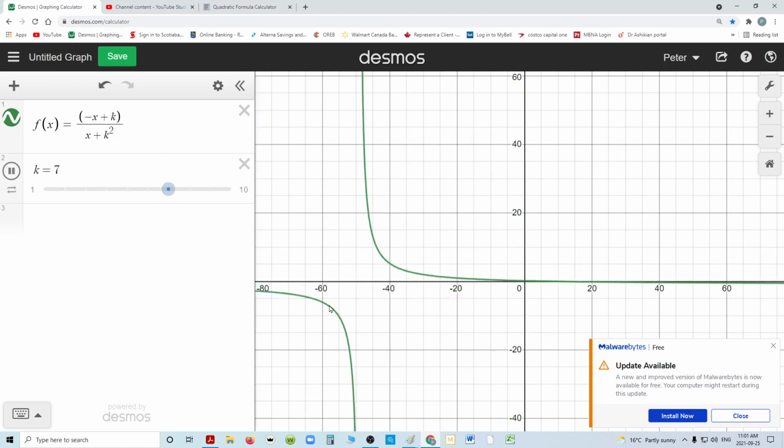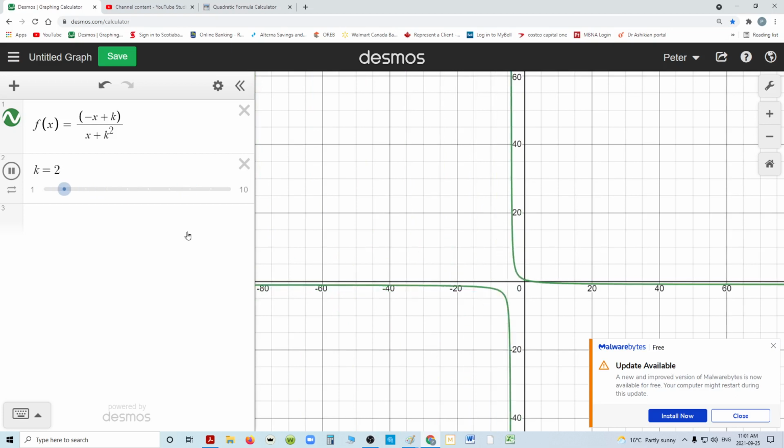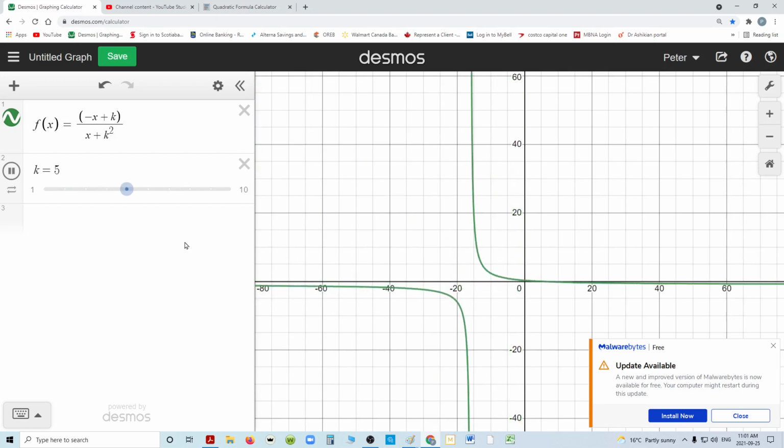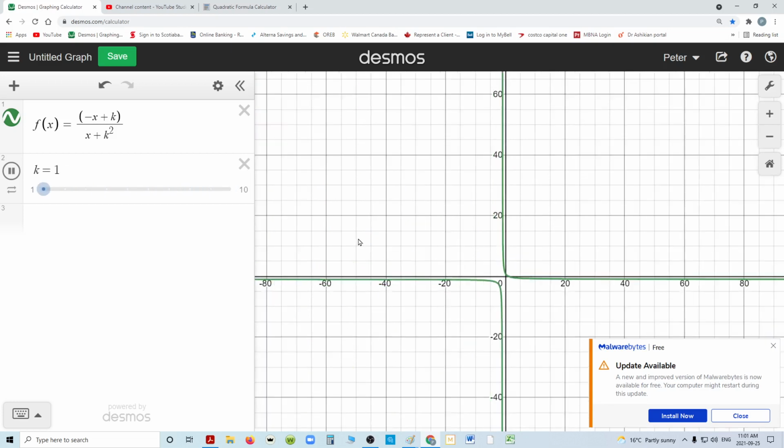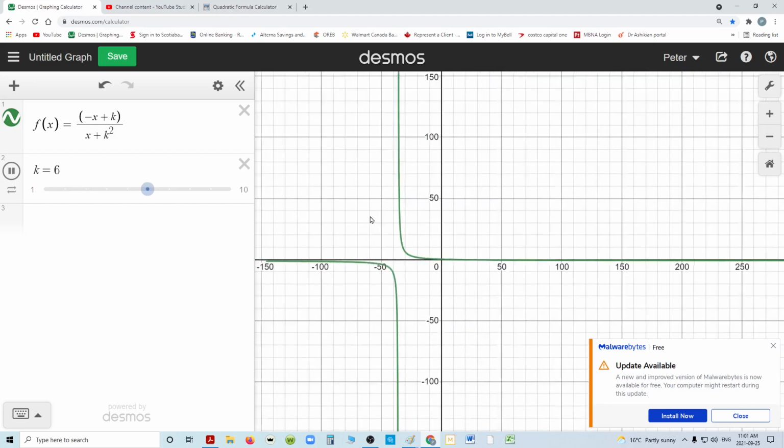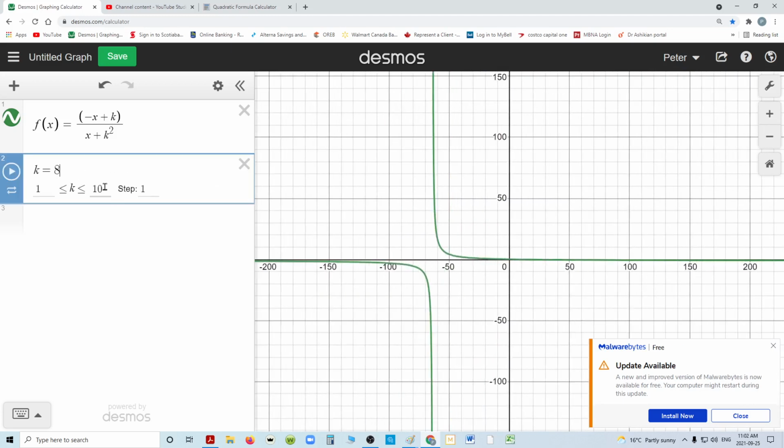But notice that the k essentially just makes it translate. Makes the asymptote translate and the whole graph translate as x goes up. You can also make this go all the way up to 100 and hit play.